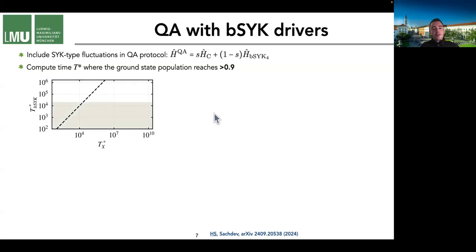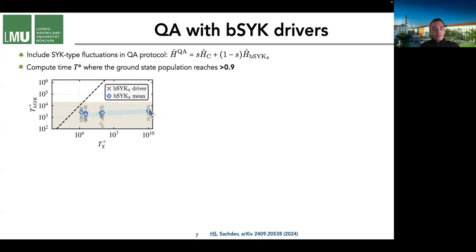And furthermore, and this is primarily because of numerical limitations, we have some upper threshold here of the annealing time that we consider. So we only look into this time window here, and if we can find solutions within this time window, which I guess is also somewhat experimentally motivated if you have access to some given coherence time, say.